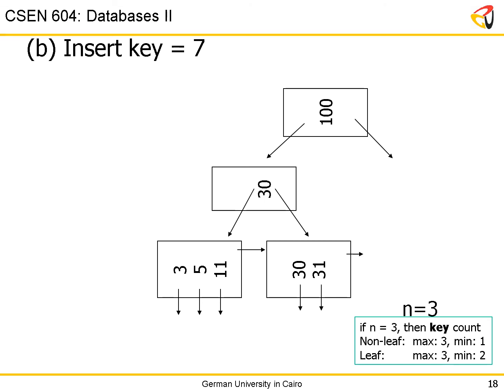But I have to remember there are other invariants associated with the B+ tree. There is an invariant that says that everything to the right has to be greater than or equal to the value. So everything to the right of 30 has to be greater than or equal to 30. But I've just moved 11 there in that node. So obviously 30 cannot stand there as a value because it's not correct. So what I'm going to do is I'm going to put the 11 instead of the 30 to have this invariant hold.